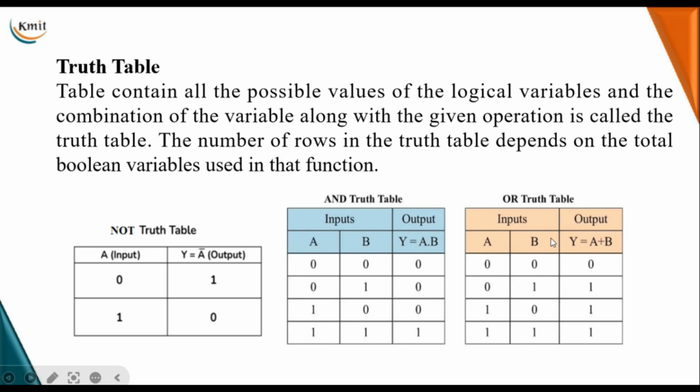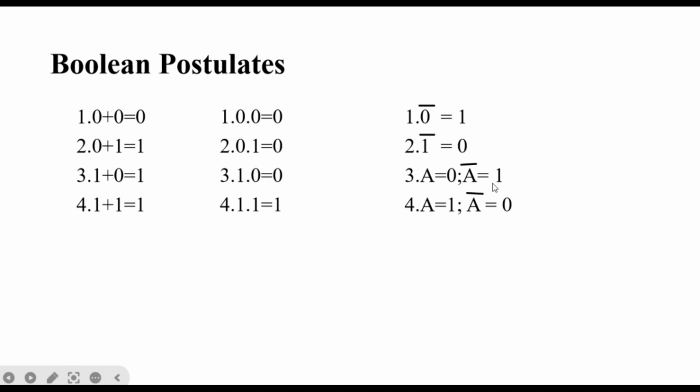Next, the OR truth table also has 2 inputs with outputs accordingly. For each row, we have represented the possible combinations that can be substituted on the variables with true and false, or 0 and 1.